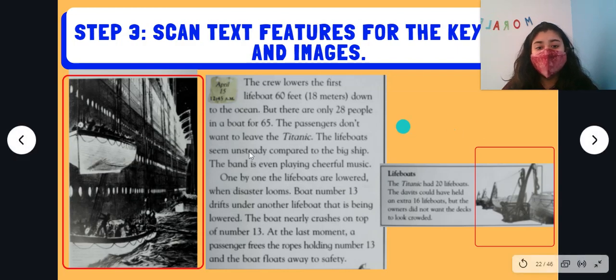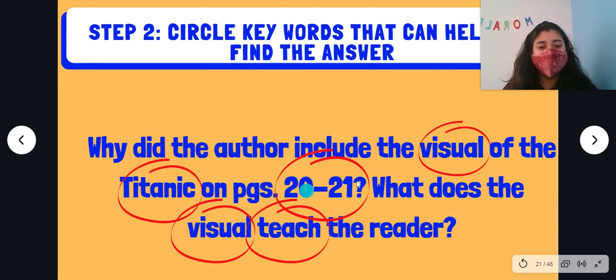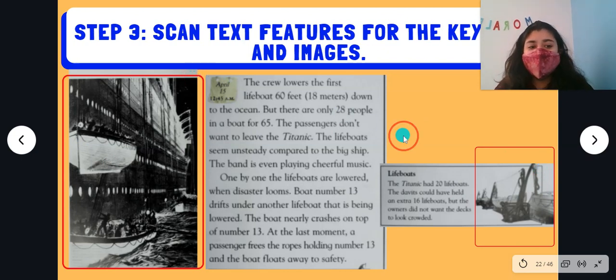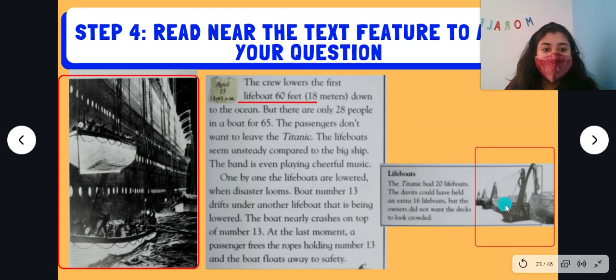We are on pages 20 and 21, which was one of our keywords in the question. And I have circled both visuals. I have a visual of the Titanic and then a visual right here. Remember that we wanted a visual of the Titanic, and this one isn't a picture of the Titanic, but it tells me that these are the lifeboats from the Titanic.